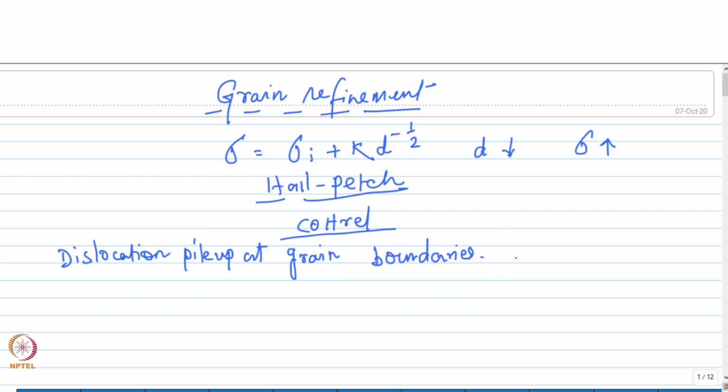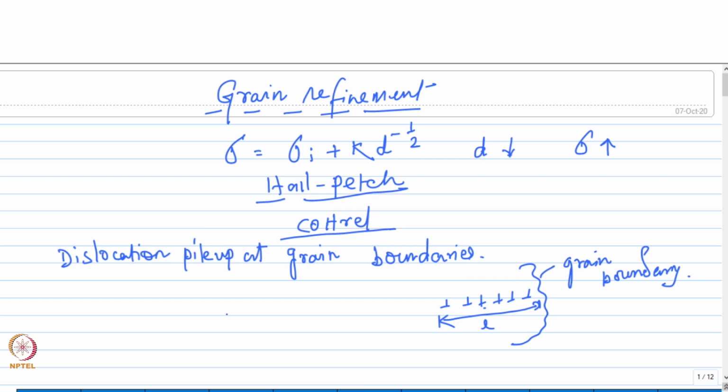So if you consider any pile up of a given length inside a grain like this, where the grain boundaries stop the dislocations as they encounter the boundary.